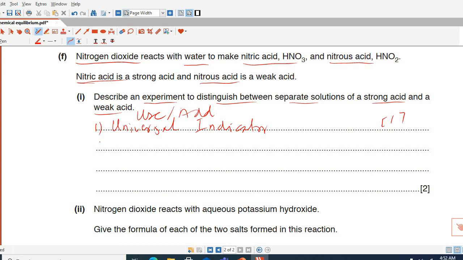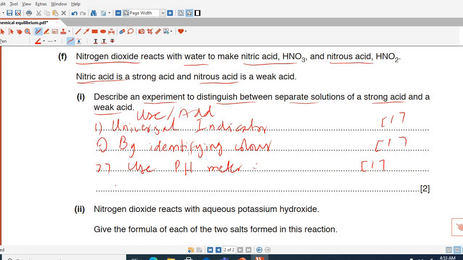And in the second you can write that you can differentiate a strong acid and weak acid by checking or identifying color, right? Second is that you can use pH meter, right? When you write the pH meter, so 1 mark you will get.